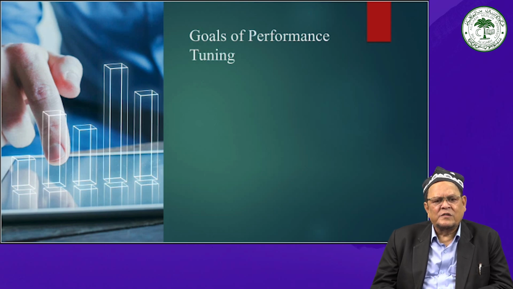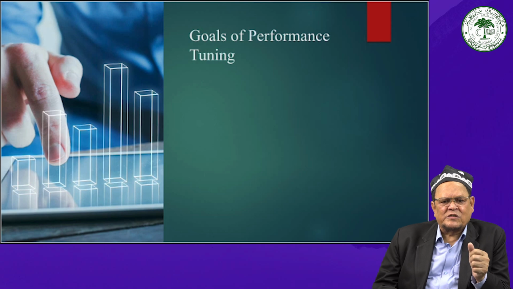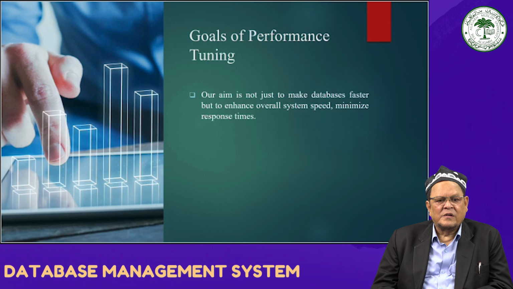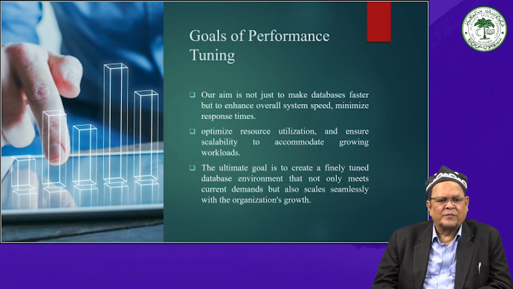The goal of performance tuning is not just to make a database faster but to enhance overall system speed, minimize response times, optimize resource utilization, ensure scalability to manage workload, and create a finely tuned database environment that scales seamlessly with the organization's growth.